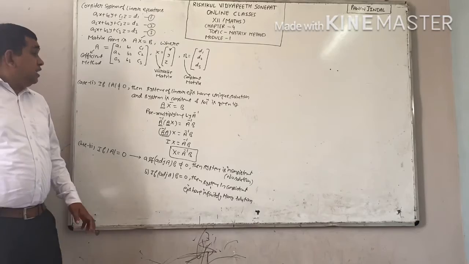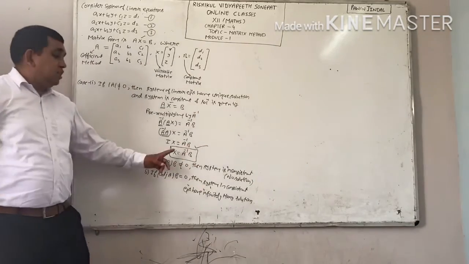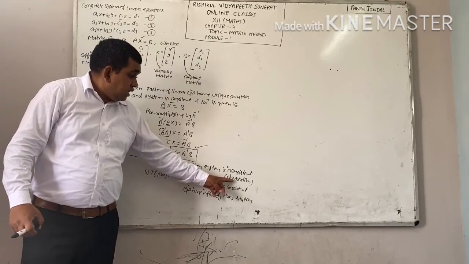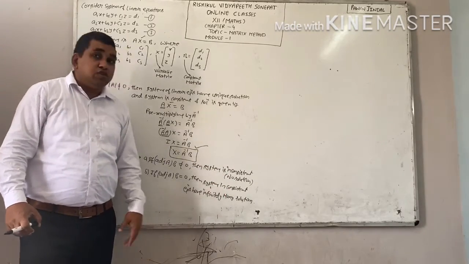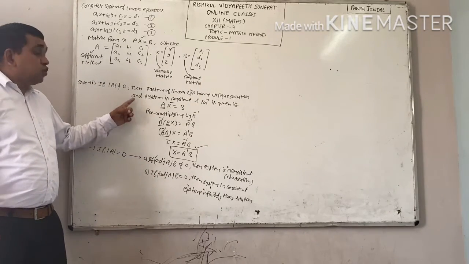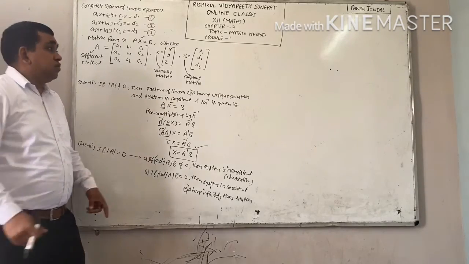But in 12th class, only unique solution is there in your syllabus. This inconsistent, or you can say no solution, and infinite solution, this is not in your syllabus. That's why we will discuss the questions of unique solution in this module.